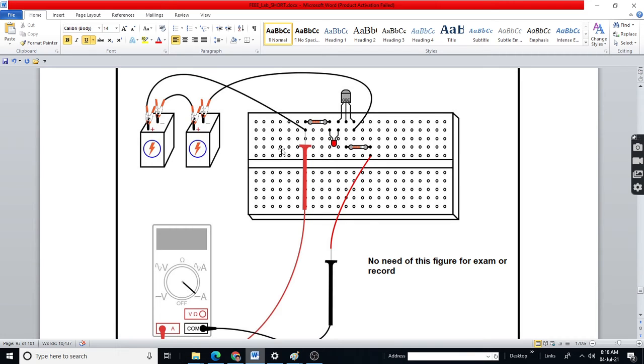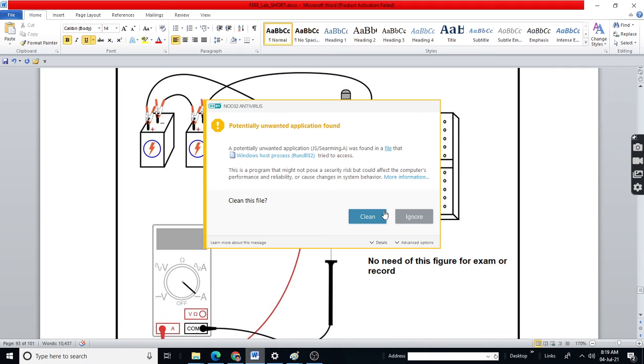Breadboard connections, you see, all these 5 points are common, means internally connected. So when you connect anything here, that point is connected to this one, this one, this one. Here there is no connection.